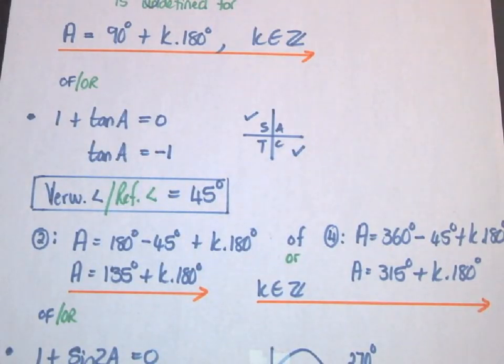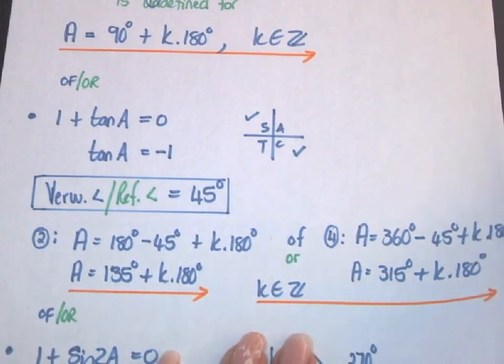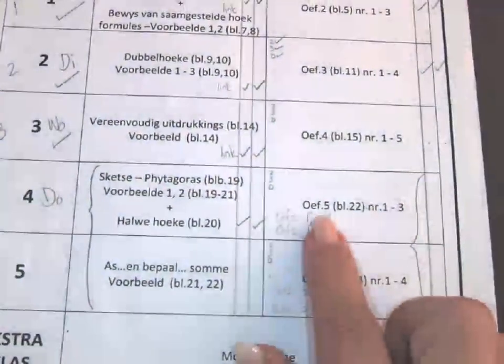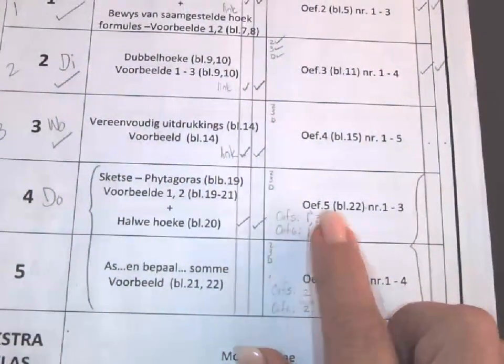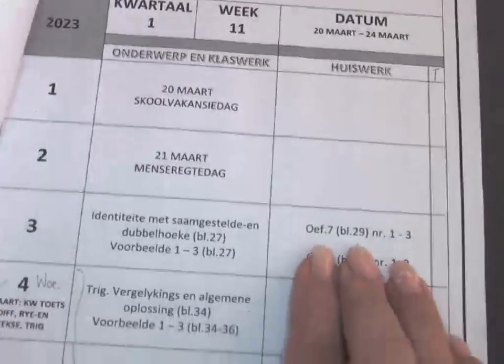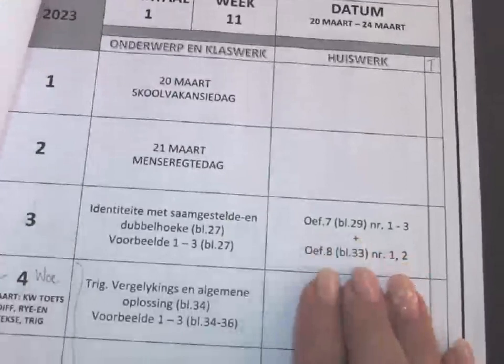Any questions? Your test for next week is up until here, at the end of page 33. Okay, your homework for Wednesday is the rest of exercise 5 and the rest of exercise 6, the entire 7 and the entire 8.